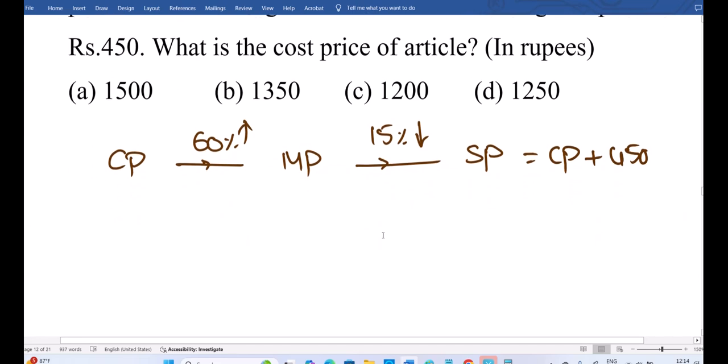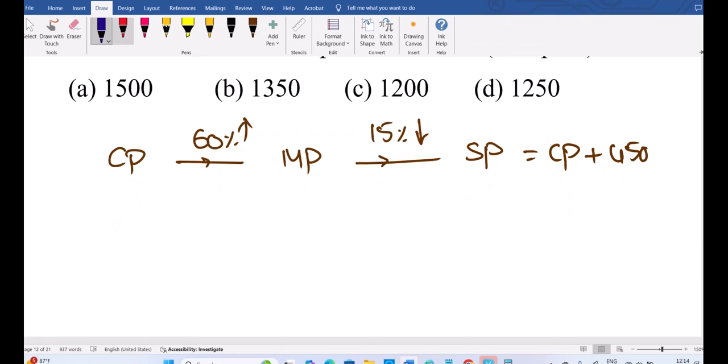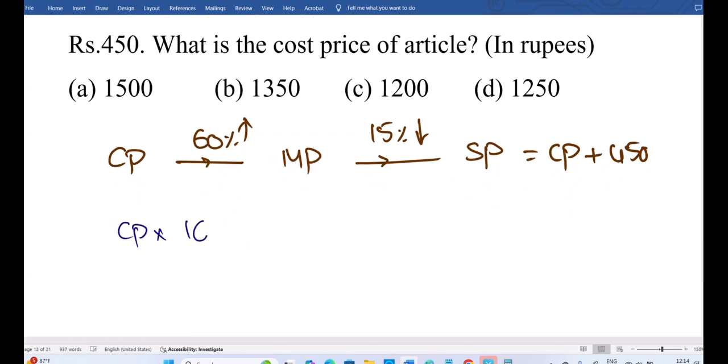Now what can we do? See, I can write the selling price equation like this. Listen, cost price into 160%. Why 160%? 60% increase. Multiply with 85%. Why 85? That is equal to selling price.